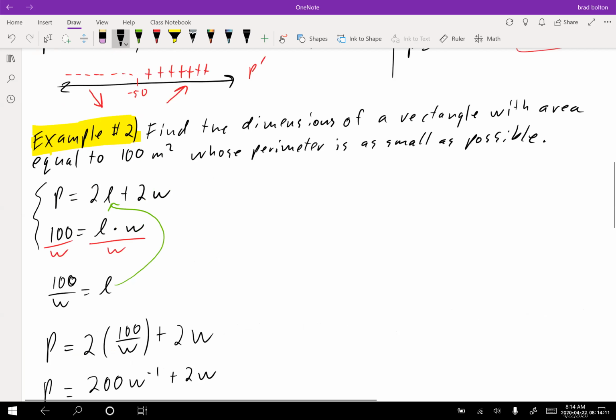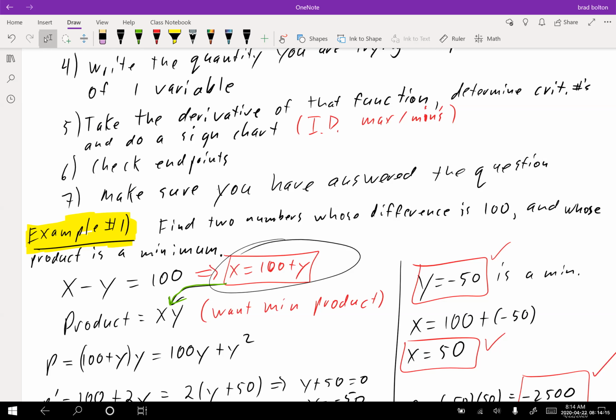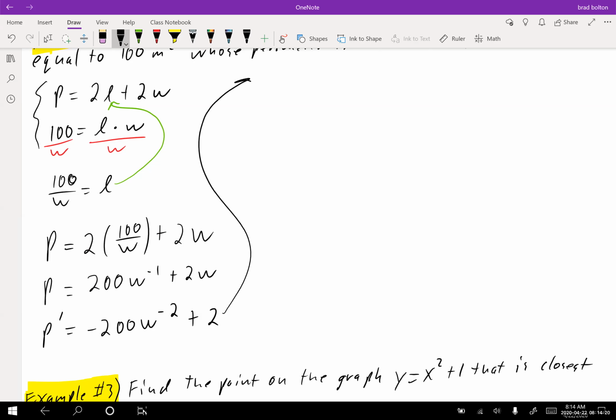This is step 5. Guideline 5 says take the derivative of that function and determine the critical numbers and do a sign chart. So let's go up here and find our critical numbers. We are going to be left with P prime equals negative 200 over W squared plus 2.